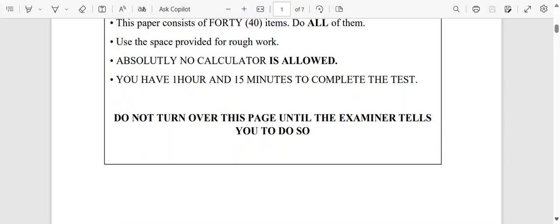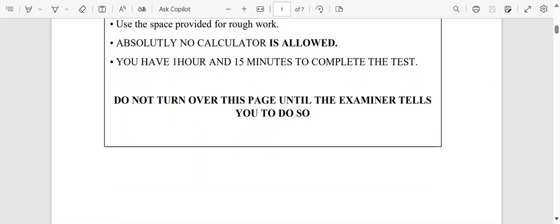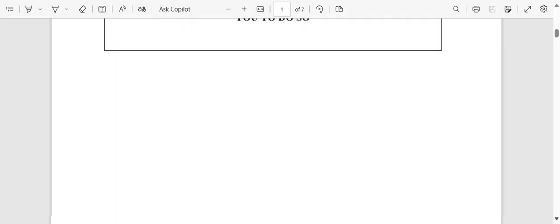And you won't have the use of calculator when it is time for you to do your PEP exam. All right, so let's jump in. And then, of course, it says this paper lasts for 50 minutes. 1 hour, 50 minutes, sorry. So let's jump right in.